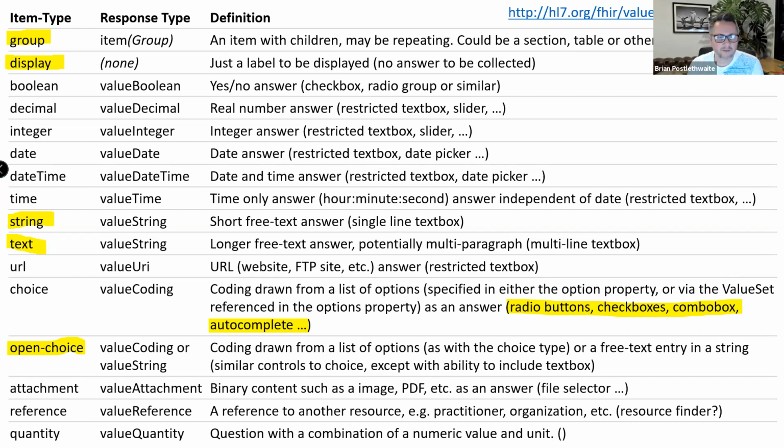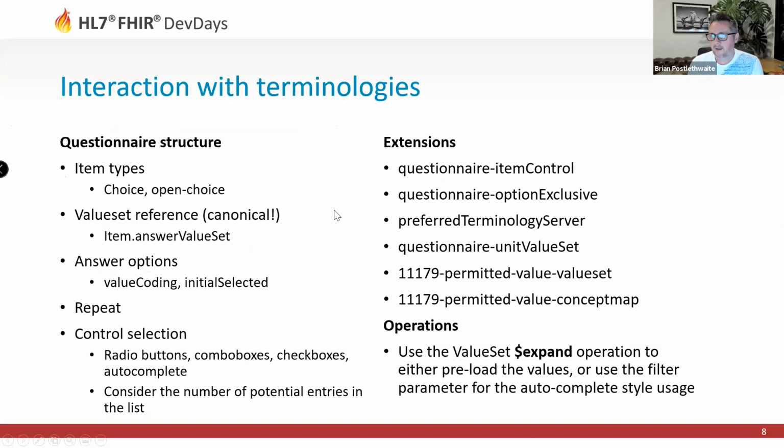Those links I will make available. They're in the slides as well. With that, we walk through, and those questions themselves need to link off with terminology. If I've got a set of possible values, say a question asking what country have you visited recently, then I might have a drop down with a set of values.